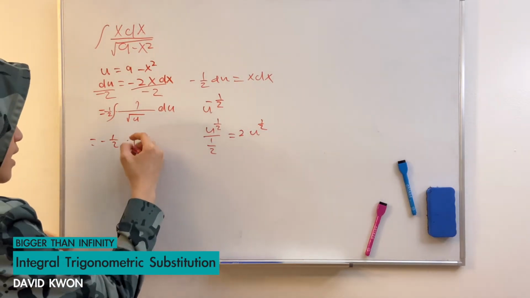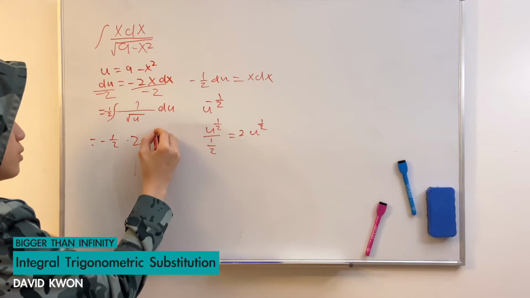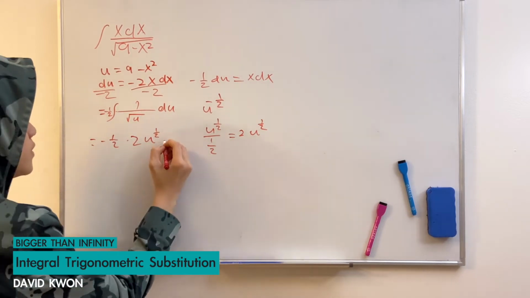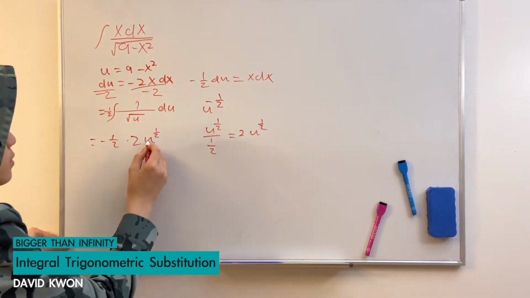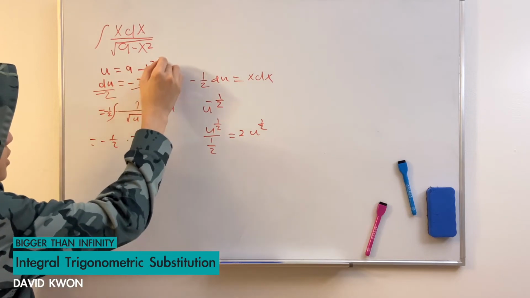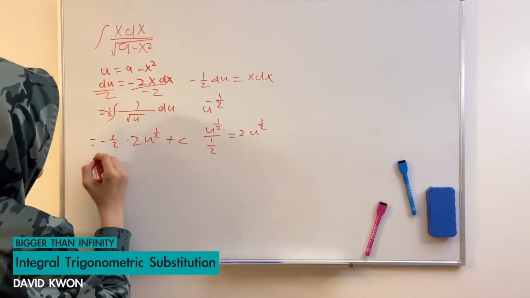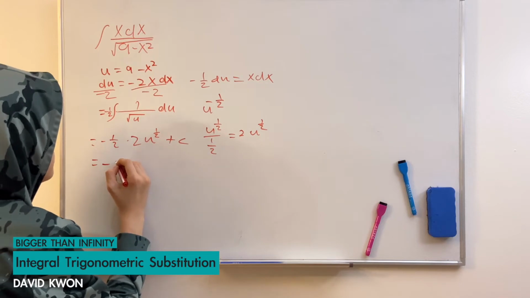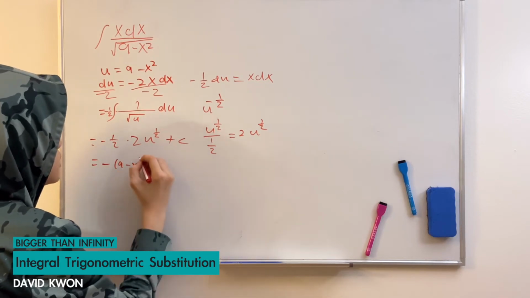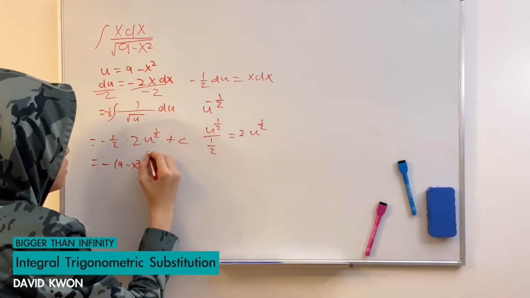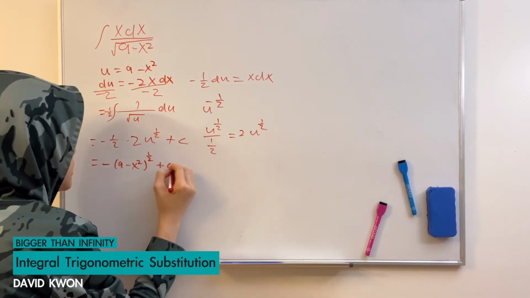Our value of u is 9 minus x squared, plus c, so the answer is minus the square root of 9 minus x squared, plus c.